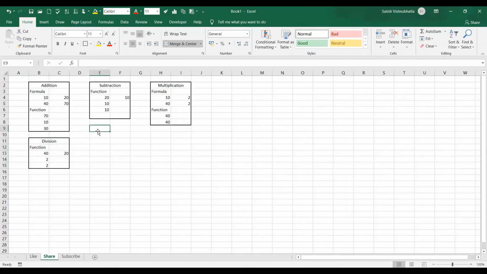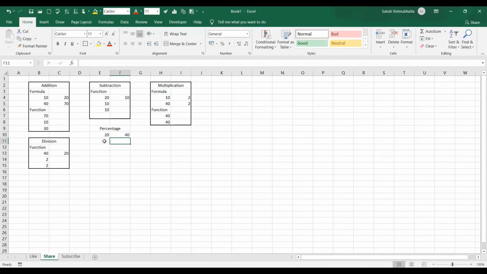And then coming to the next operator, which is percentage. Now you need to pay a bit of attention towards this, because this is a hard topic, percentage. Like I want to find the percentage of how much is 20 in 40.